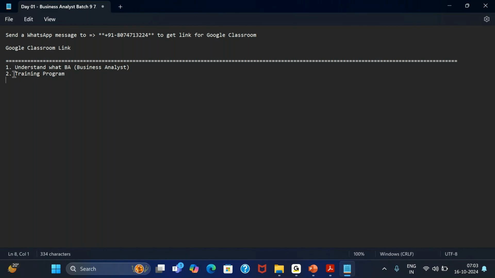The third part of this training program will be to understand some of the wider aspects. For example, what is the difference between a business analyst and a data analyst? Or even for that matter, the difference between business analyst and scrum master.